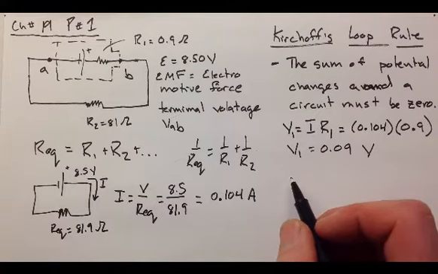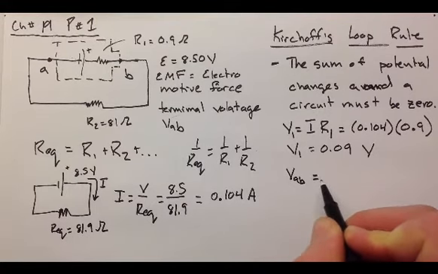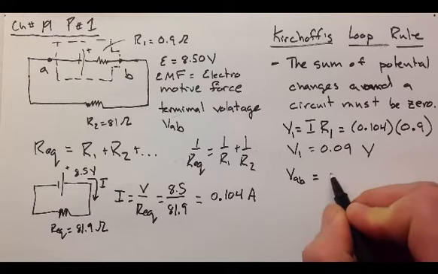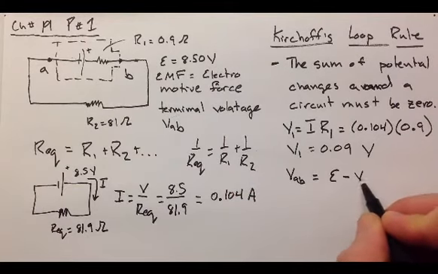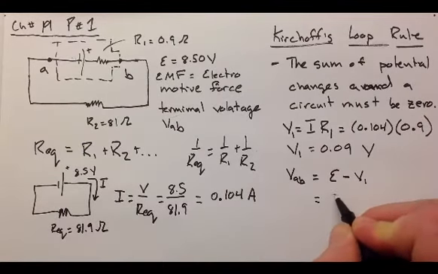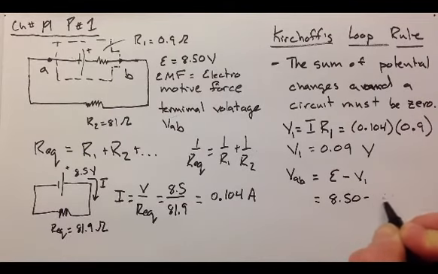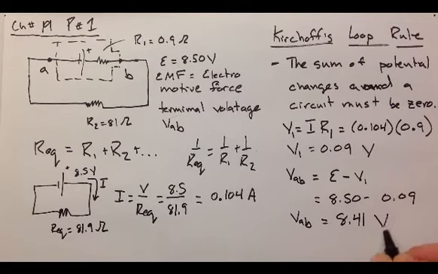So my terminal voltage, or the voltage between A and B, would be equal to my perfect voltage, or my EMF, minus the voltage drop across that internal resistor. In other words, this would be 8.50 minus 0.09, or the terminal voltage would be 8.41 volts.